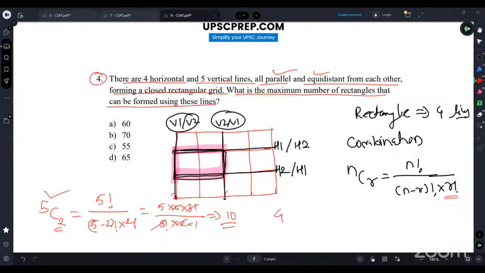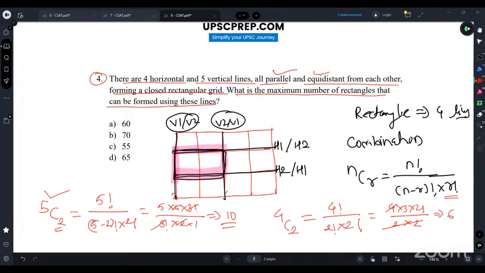You have 4 horizontal lines, so you will select 2 horizontal lines out of these 4. That will be 4 factorial upon (4 minus 2) factorial, which is 2 factorial, divided by 2 factorial again. So it will be 4 into 3 into 2 factorial divided by 2 into 2 factorial. The 2 and the 4 get cancelled, and 3 into 2 will be 6.